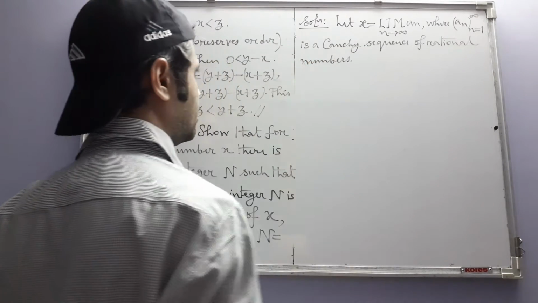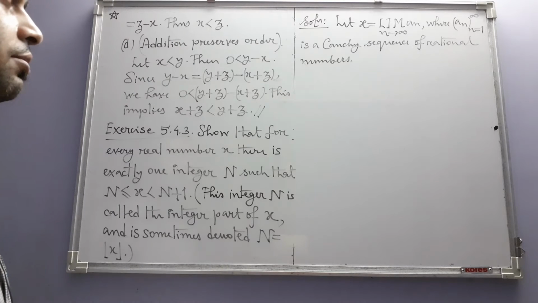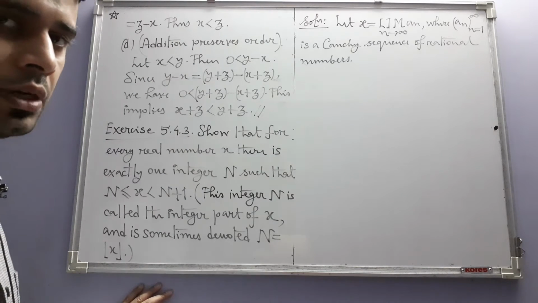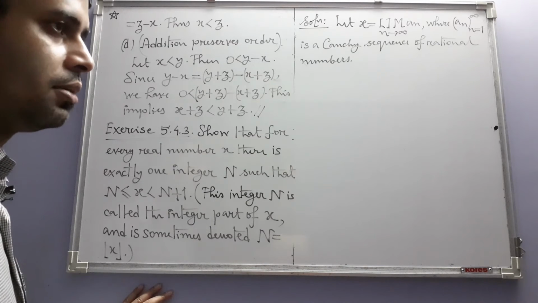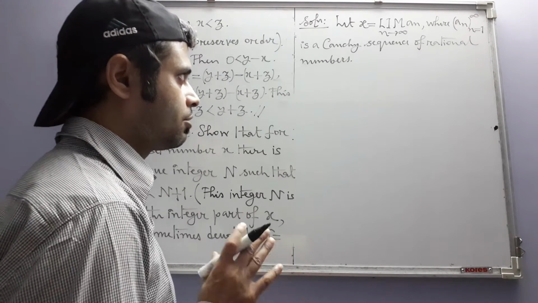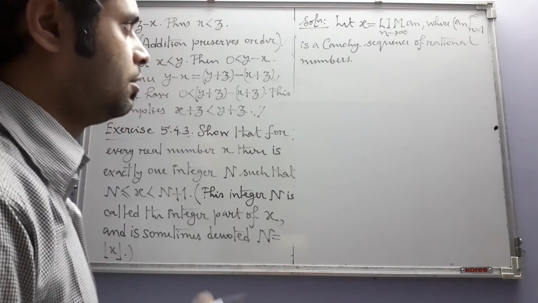Since we are not saying that x is non-zero or positive or negative, the Cauchy sequence need not be of any special kind. It need not be bounded away from zero. Those things are not present here. It's just simply a Cauchy sequence of rational numbers and that's all.